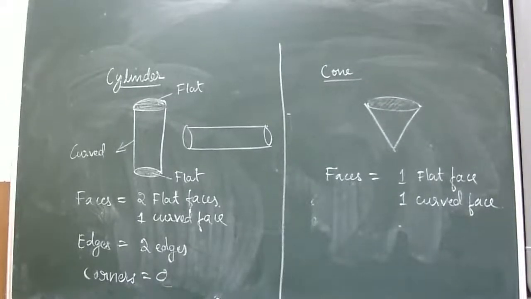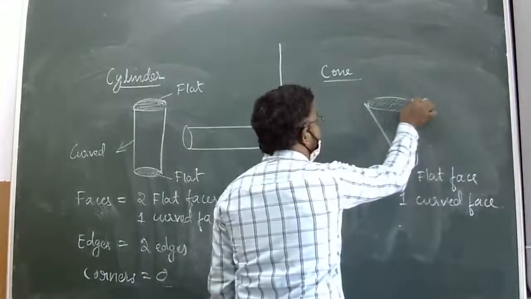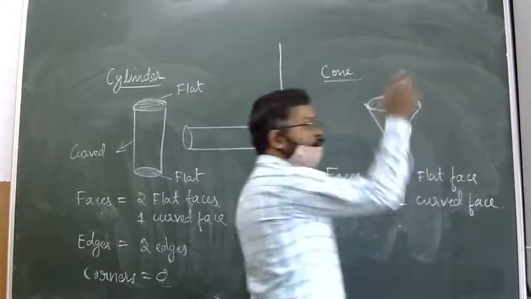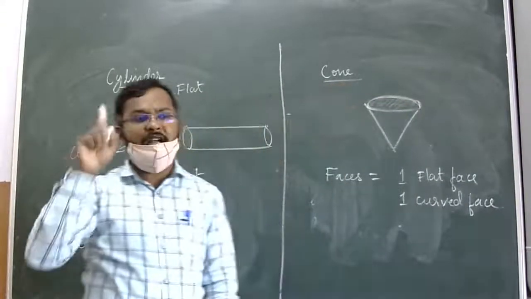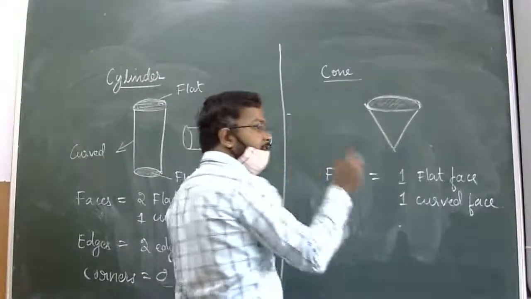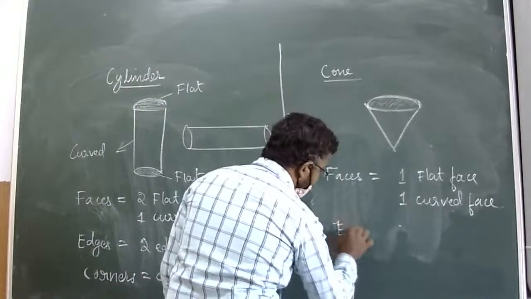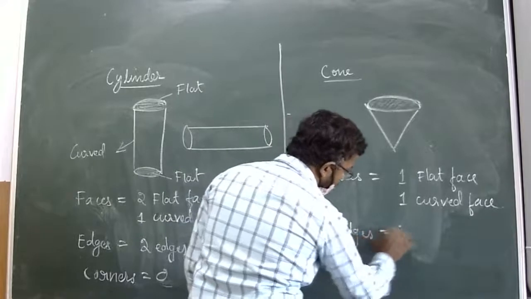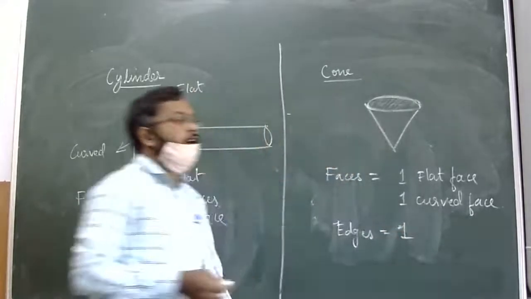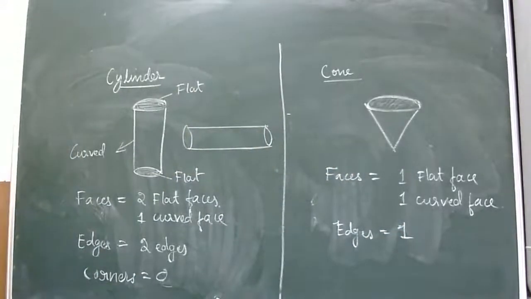Next you have to see edges. How many edges are there in this cone? One edge. Where is it? This edge. The circle, the round, that is your edge, and we have only one. So edges will be one, and how many corners are there in this?